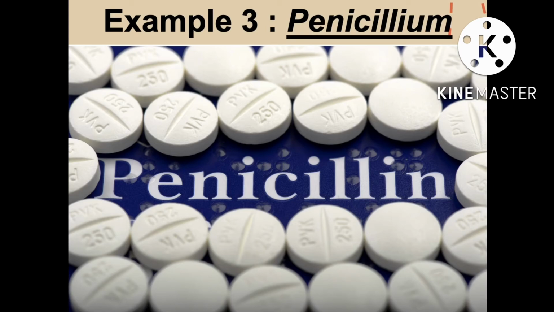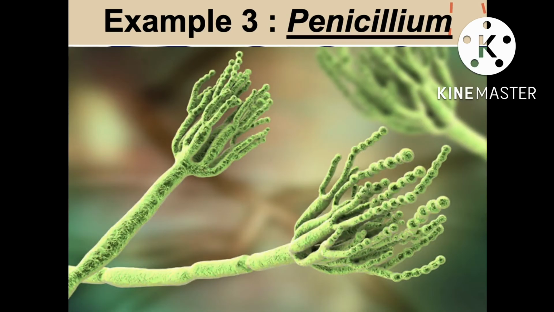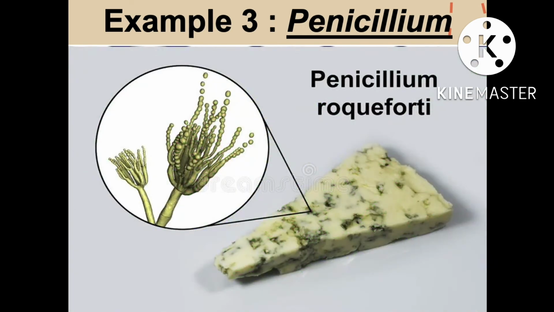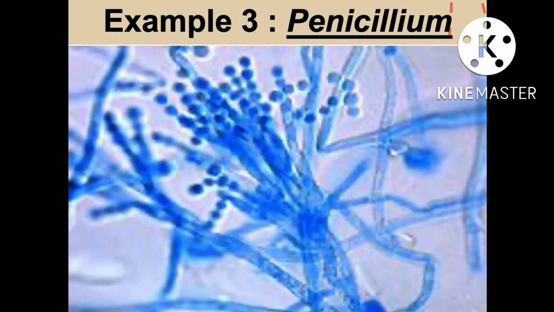another species, Penicillium griseofulvum, is used to produce the antifungal drug griseofulvin. Penicillium roqueforti and Penicillium camemberti hydrolyze casein of butter and fat and impart characteristic flavor to cheese.